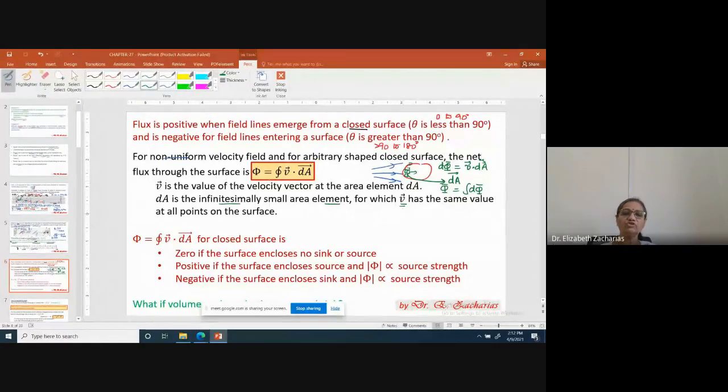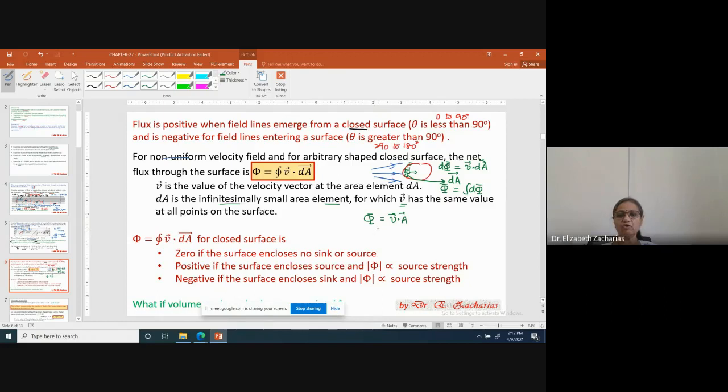Okay. So this is a more generalized definition of flux. We started off with our definition being V dot A. This was for a surface that was plane and V was the same everywhere.